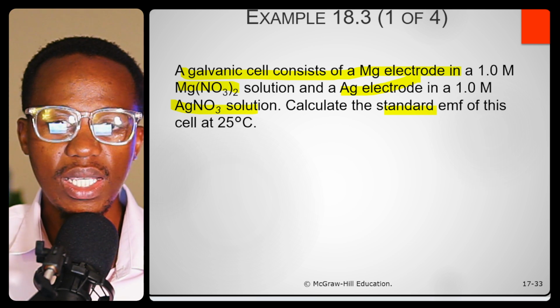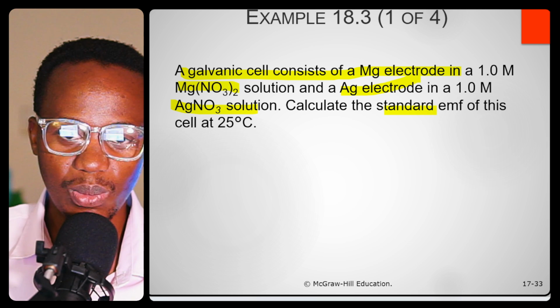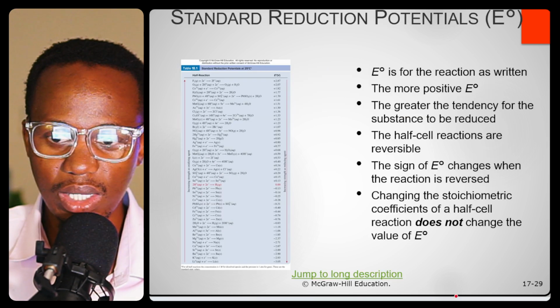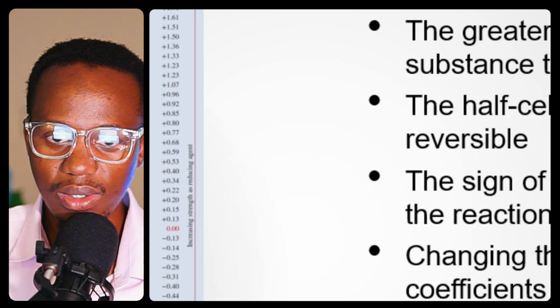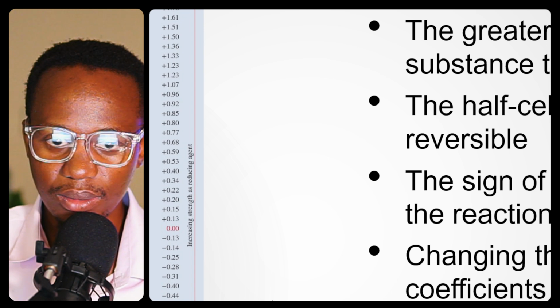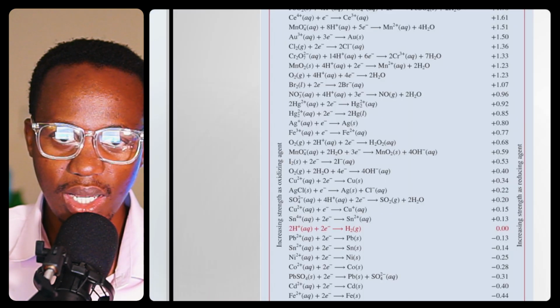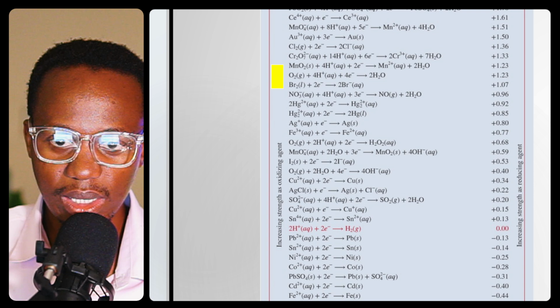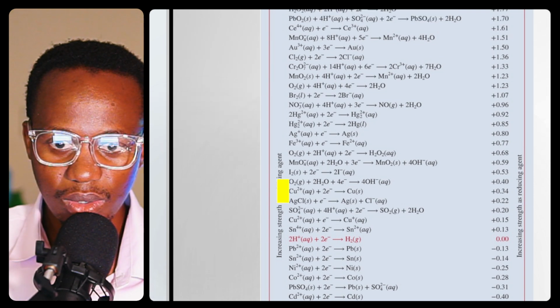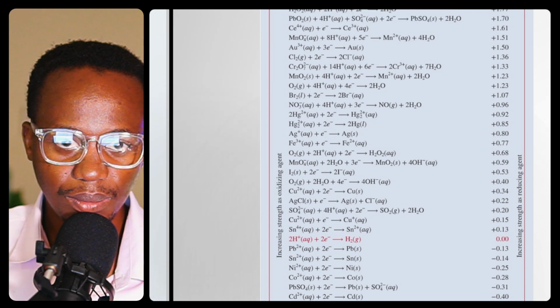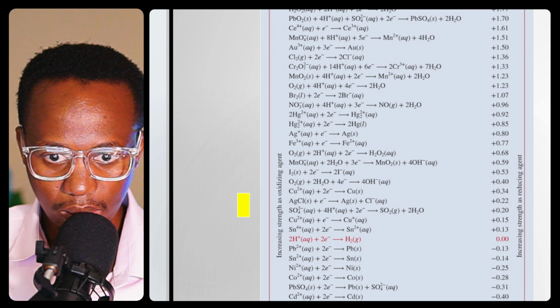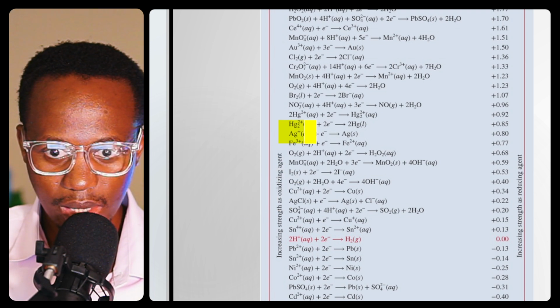So one is magnesium to Mg2+, the other one is Ag to Ag+. So if we can zoom in into our table, let's find where magnesium is. So I see Ag, right? So Ag+ becomes Ag, right?